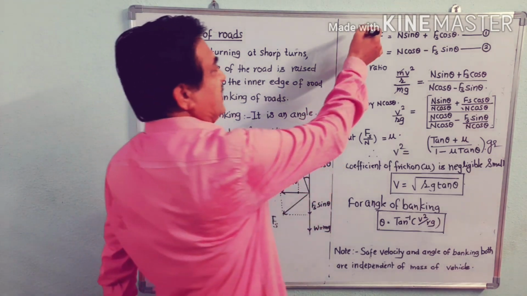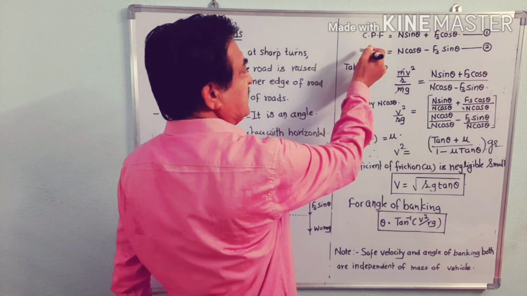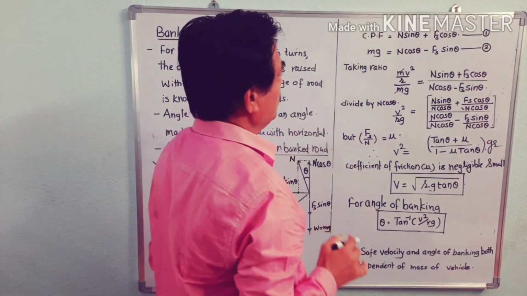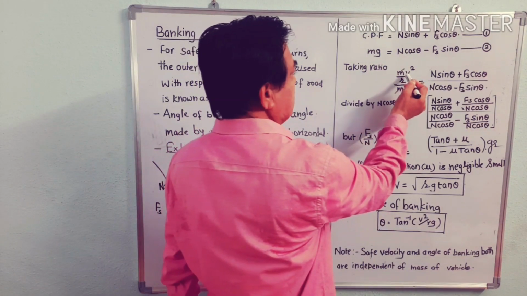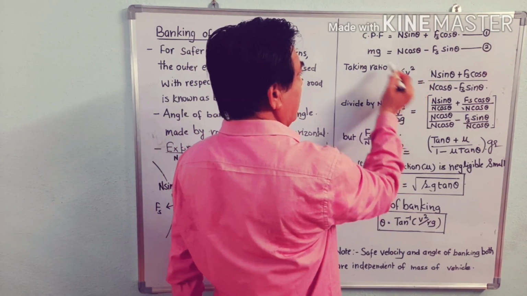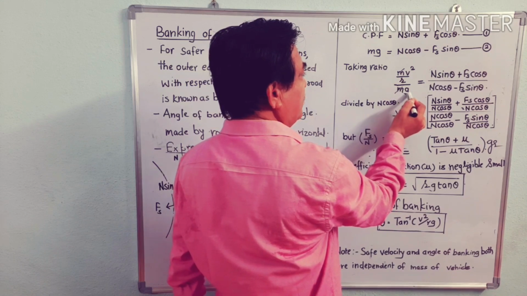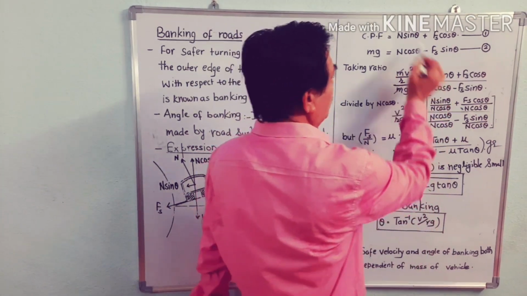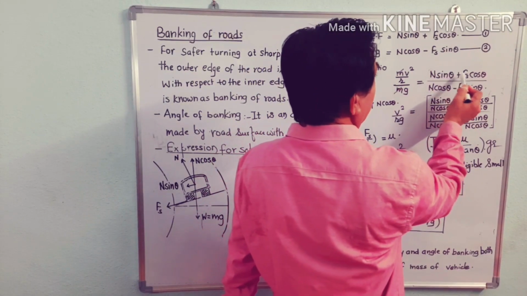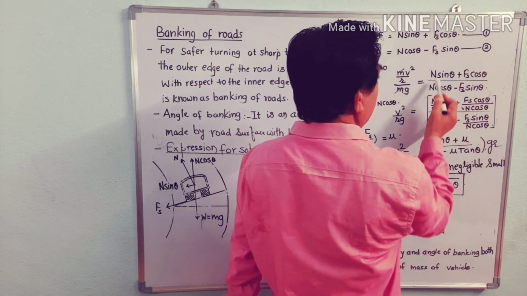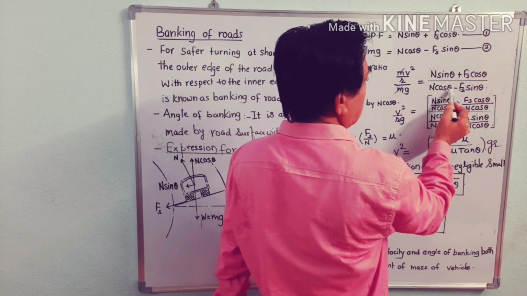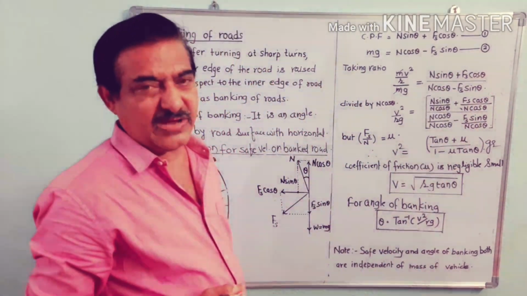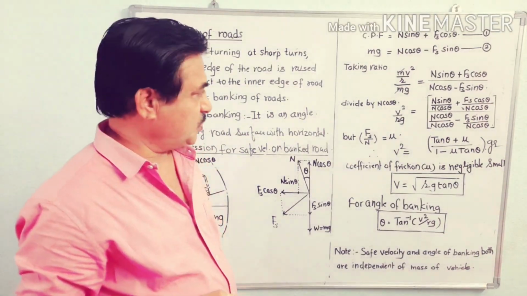So this is for centripetal force and this is for weight. Taking the ratio of these two equations, the centripetal force is mv square by r and the weight W is equal to mg. The ratio is N sin theta plus Fs cos theta divided by N cos theta minus Fs sin theta, where Fs is the frictional force.